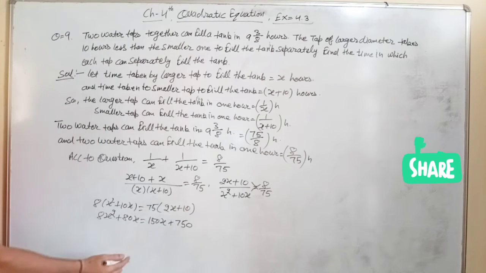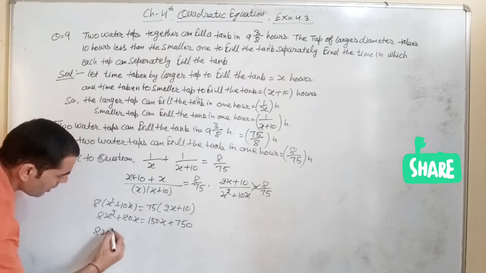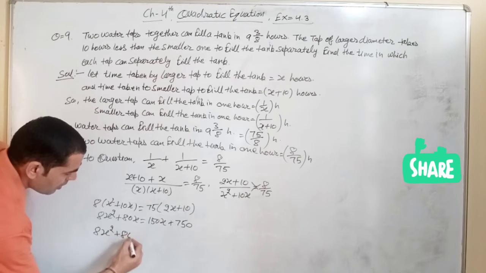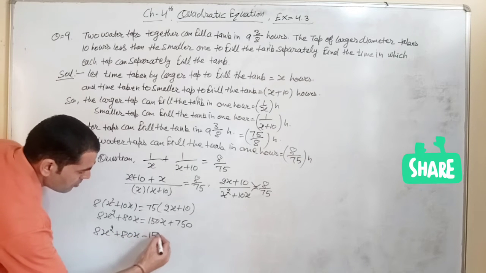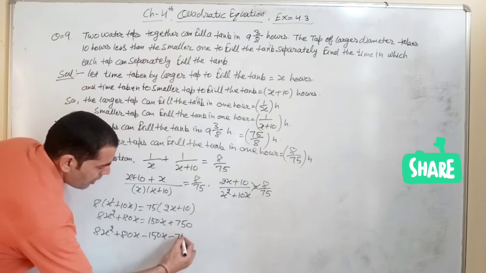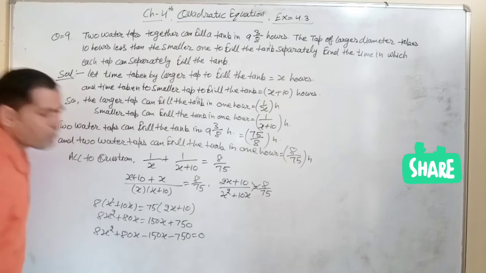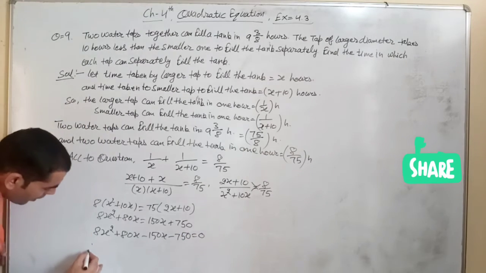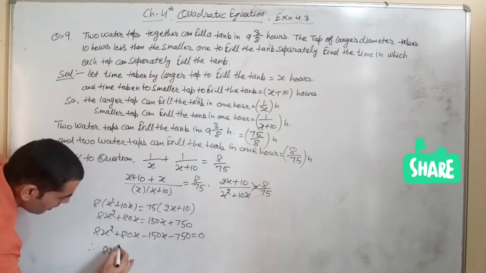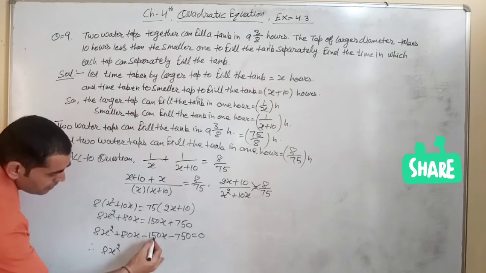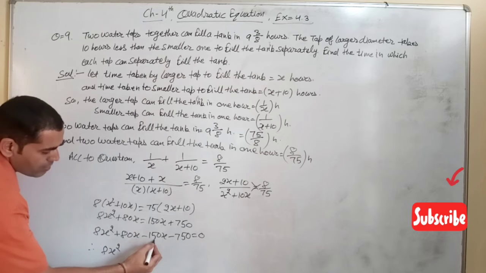Now transposing to the left hand side, 8x square plus 80x minus 150x minus 750 is equal to 0.